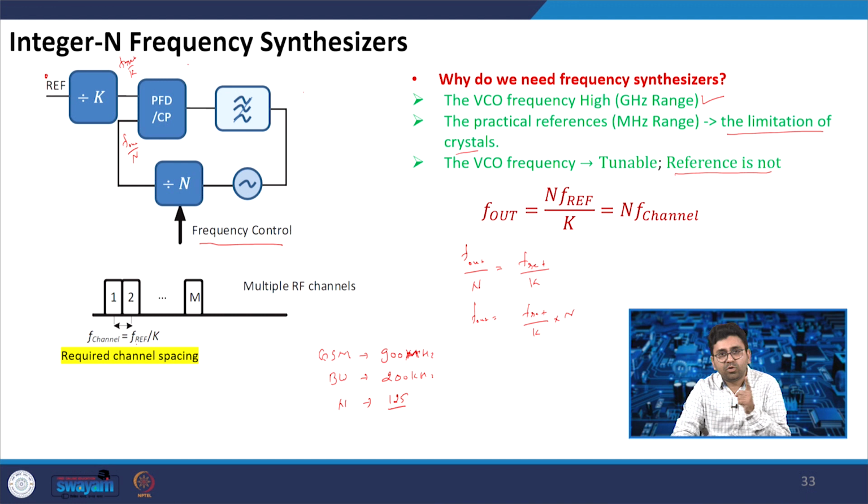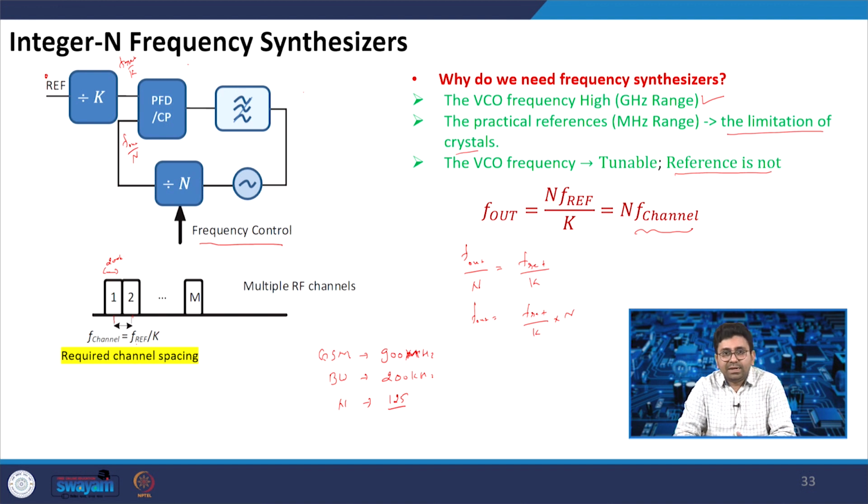When we control from one frequency to another frequency, because we need to select channel 1, channel 2, each channel has a 200 kilohertz bandwidth, and that channel bandwidth is equal to f ref by k. So, that is the channel frequency f channel, and our output frequency is the multiplication of n into f channel. So, in that case, if your reference frequency is small, then the required n will be too high.